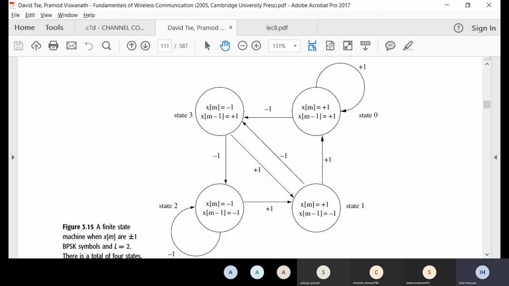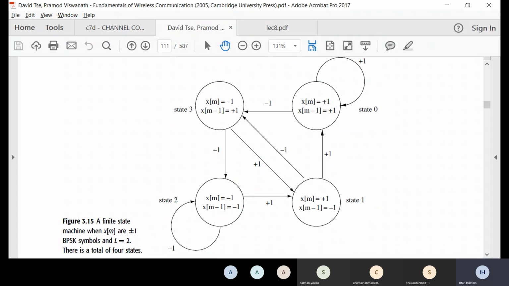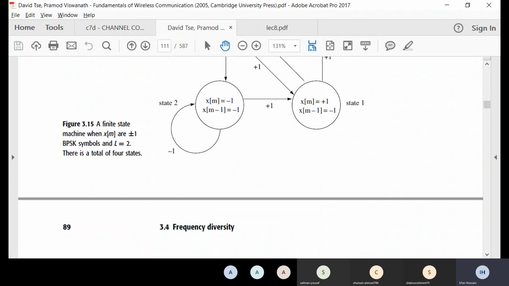So you will have 4 to the power 2, 4 into 4, 16 different states. Because you have four symbols, one will be 0, 0, 0, 0, another 0, 0, 0, 1, and so on till 1, 1, 1, 1. So you will have 16 different states. You can map 0 to minus 1 and 1 to plus 1. This is just for explanation.